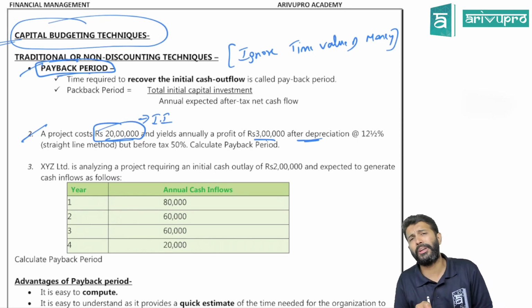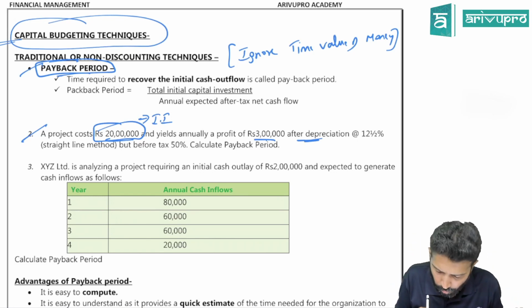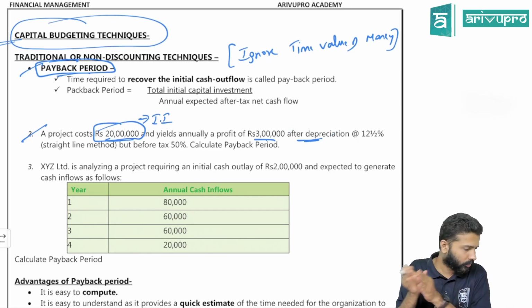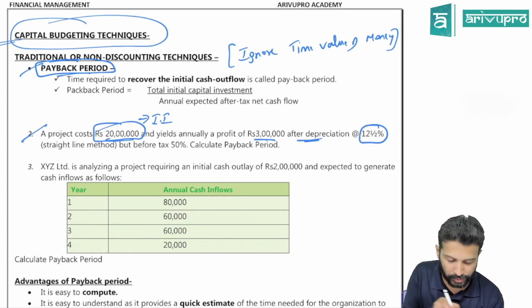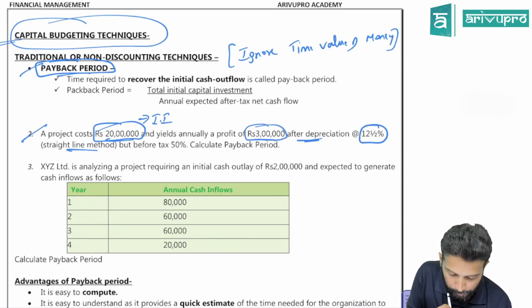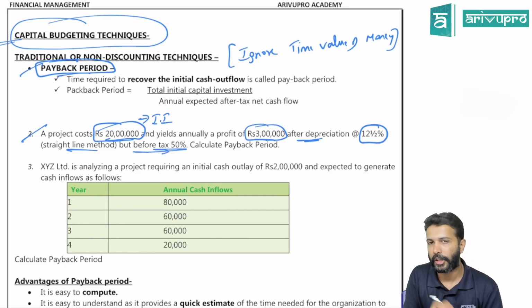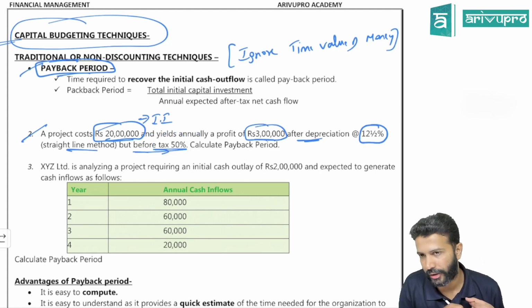After depreciation means they have already deducted depreciation. And what is the rate of depreciation? 12.5%, straight line method. After deducting depreciation, the profit every year is 3 lakh. But that profit is before tax. Depreciation they have already deducted, but tax they are yet to deduct.